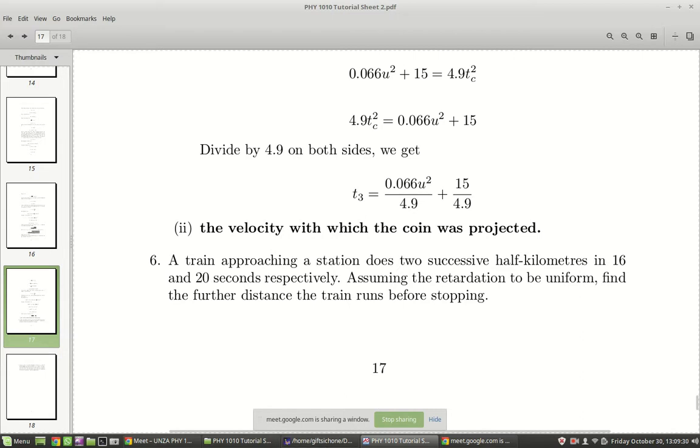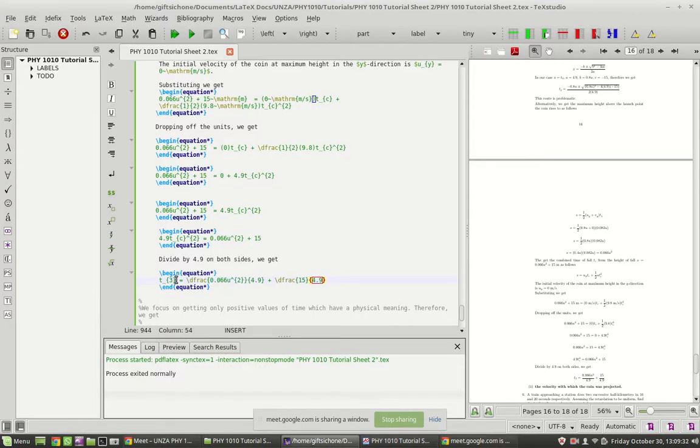Oh, sorry, there's a square. That's what worries me.